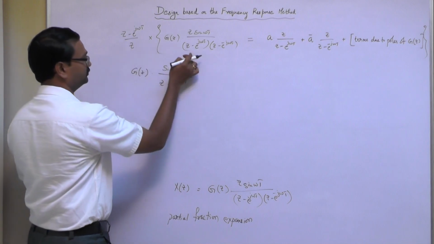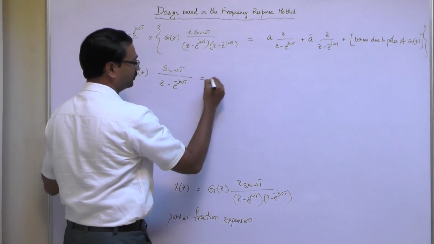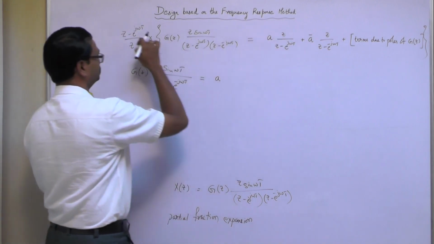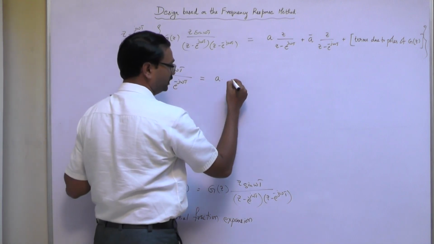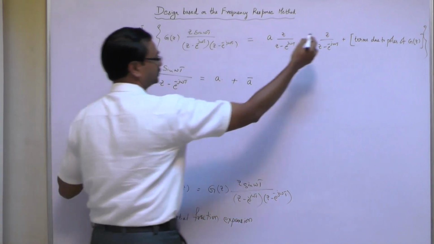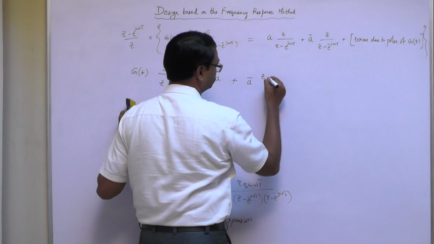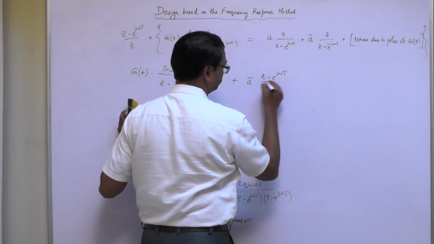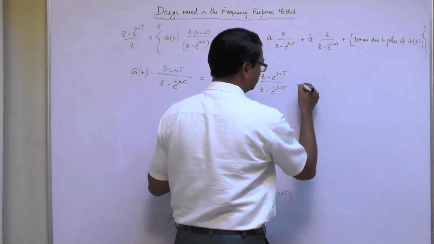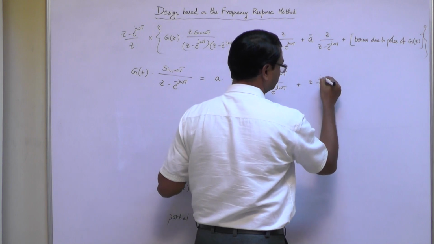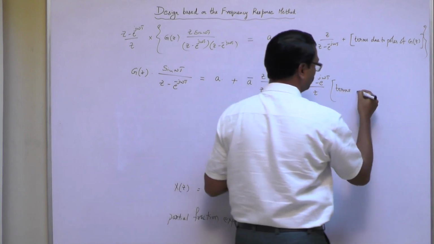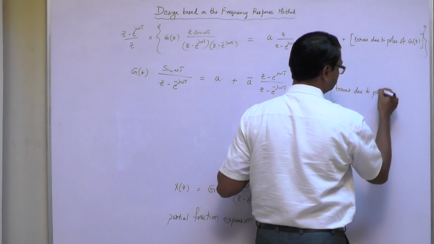On the right side, multiplying throughout, z by z cancels, and we have A plus A bar into (z minus e power j omega t) by (z minus e power minus j omega t) plus (z minus e power j omega t) by z into terms due to poles of g of z.